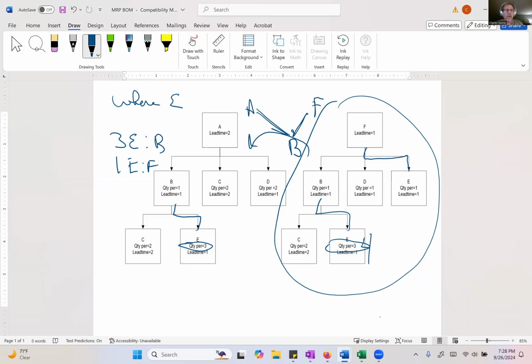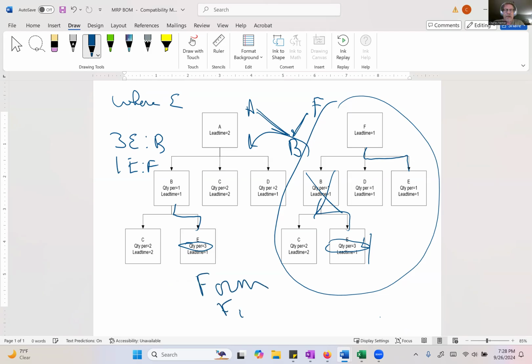I mean, four per instead of three per? Exactly. So what that means is B is not the same part number. This is not B. All right, I got it. Now I got it.